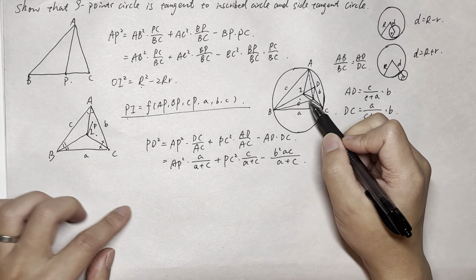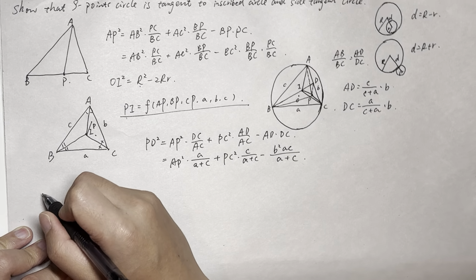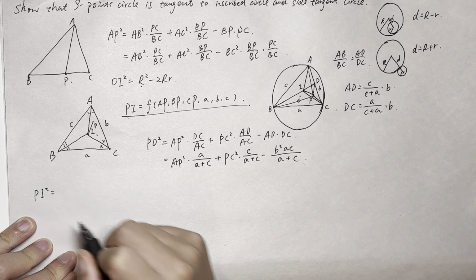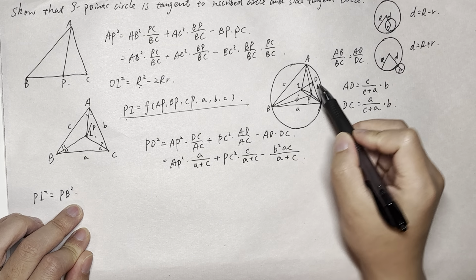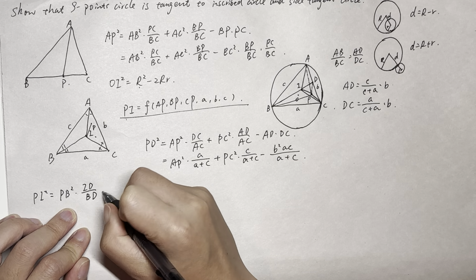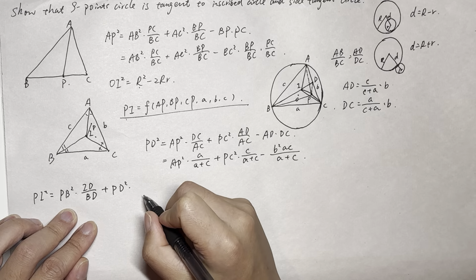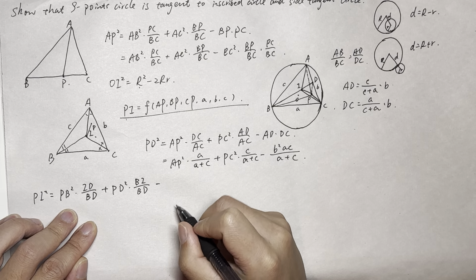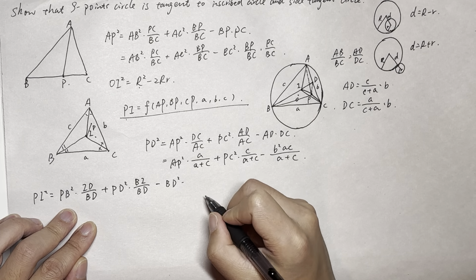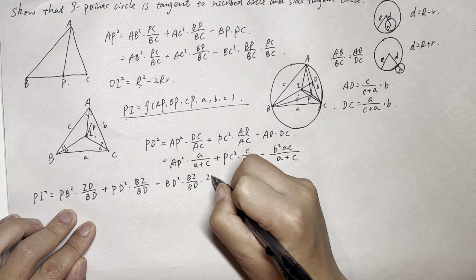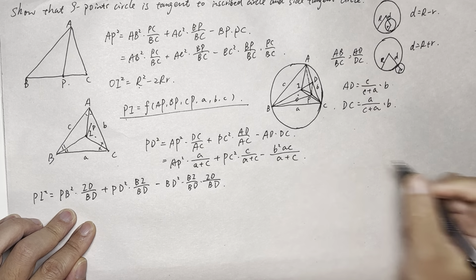And now we want to find PI square, right? Let's write it here. PI square equals PB square times ID to BD, plus PD square times BI to BD, minus BD square times BI to BD times ID to BD, right?